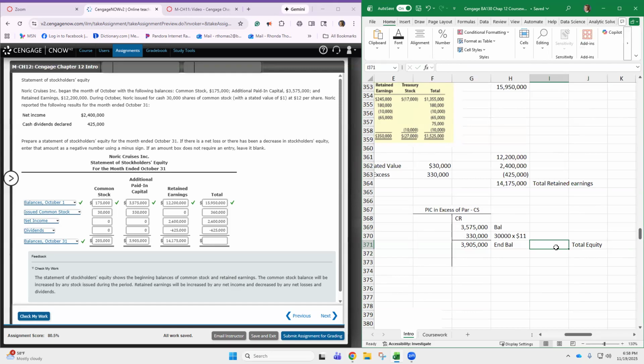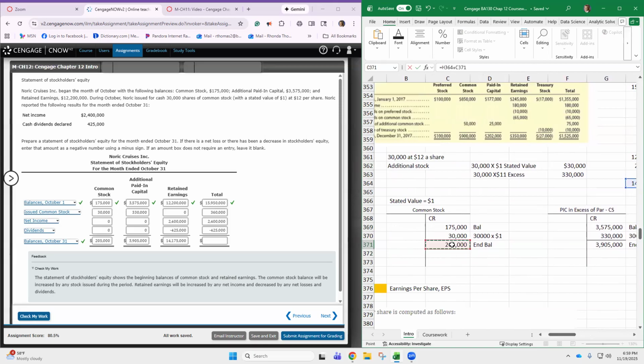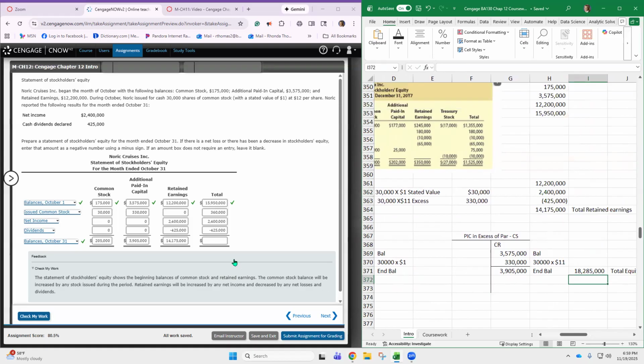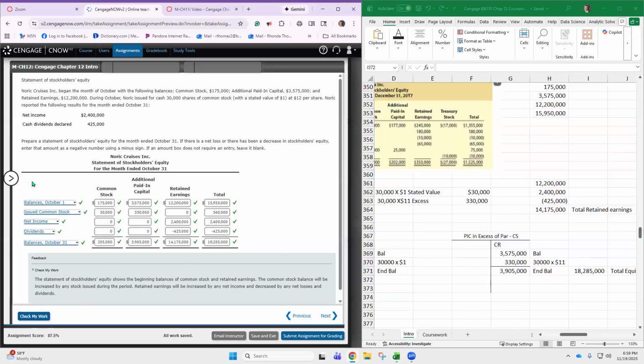So we're going to take the total retained earnings plus the common stock of 205 plus the paid in capital in excess of par of 3,905,000. And we've got 18,285,000. So there you go.